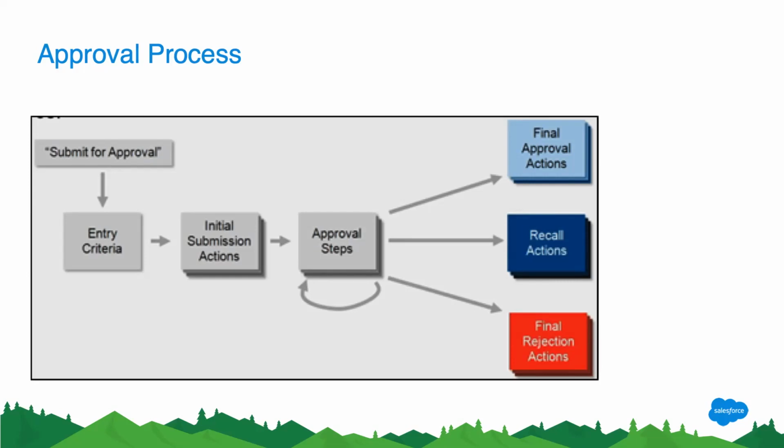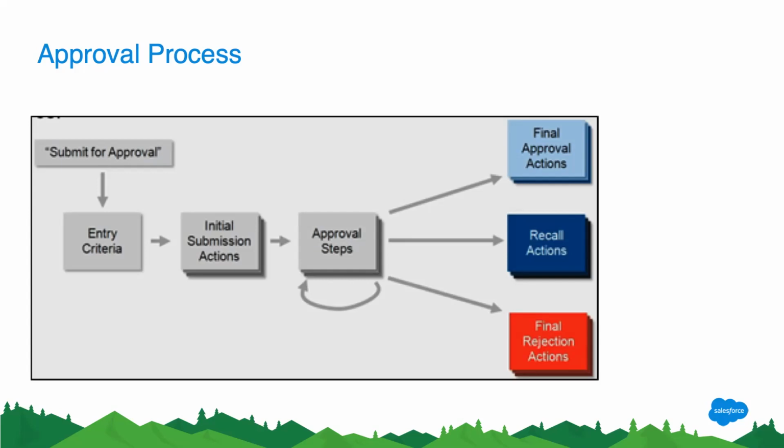In that case, the moment you create the bill record, you can either submit for approval manually, or automate it using the process builder or code, using a condition, to submit for approval. The moment you submit your bill for approval, it is going to check the entry criteria, right?